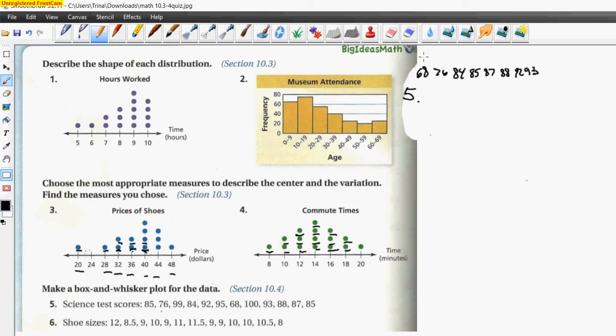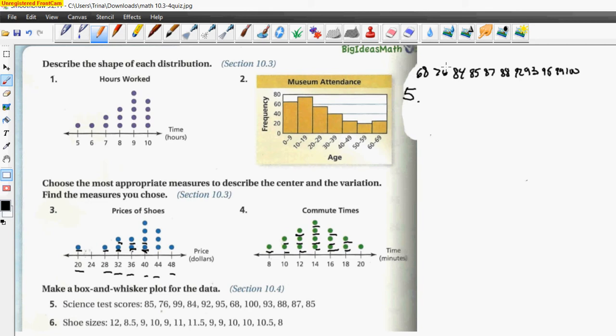Okay. Then 95. All right. Then we're going to write 99. Finally, 100. So we already know the order of the values as far as the numbers go. Okay? Very, very important. So we know for a fact we're going to be dealing with the median right now.